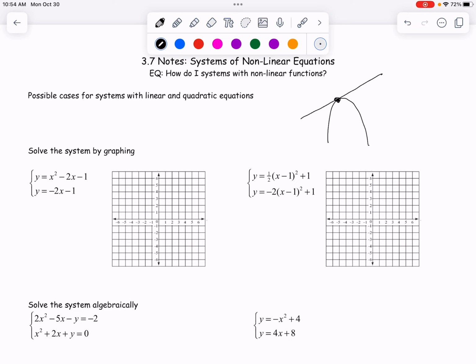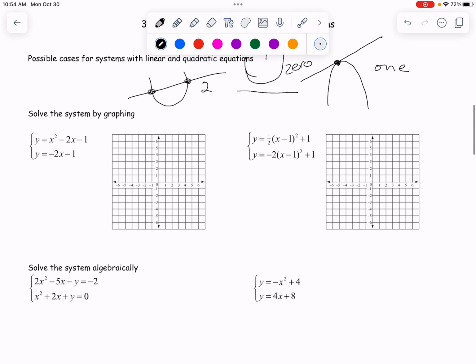You could have two when you have a quadratic and the line going through. And then you could also have no solutions, where the linear and the quadratic are above or below each other and there's no solution. Zero, no solutions.